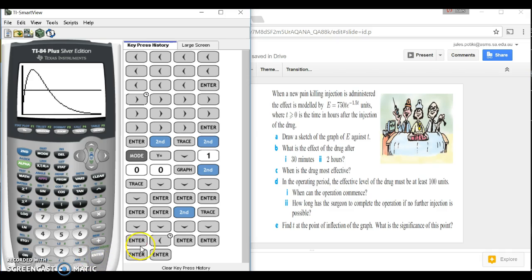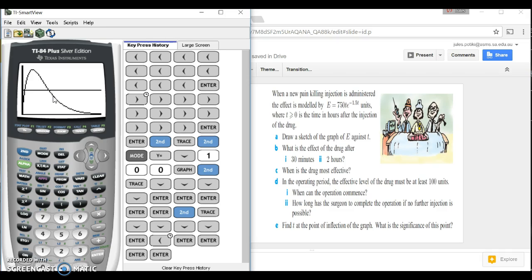Now, the last part of this question, which is to find when the inflection point of the graph occurs and what its significance is. Well, the significance is not got anything to do with graphing using technology. This inflection point tells us when the effect is decreasing at its maximum rate.